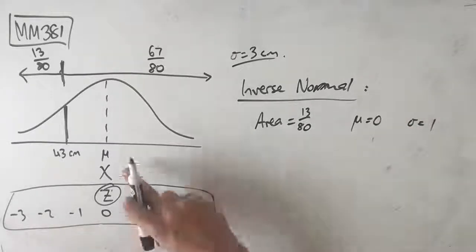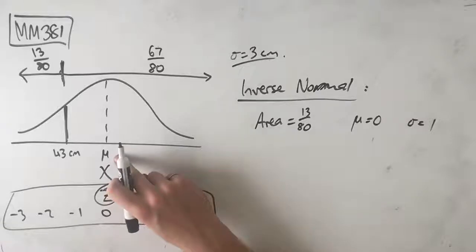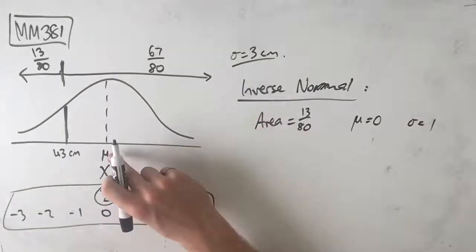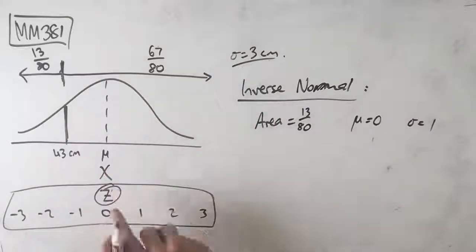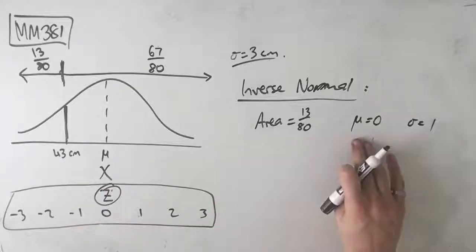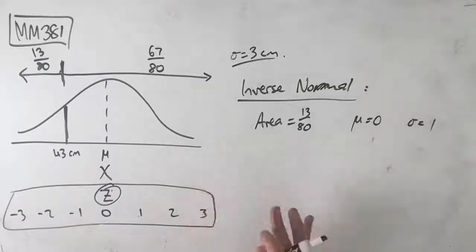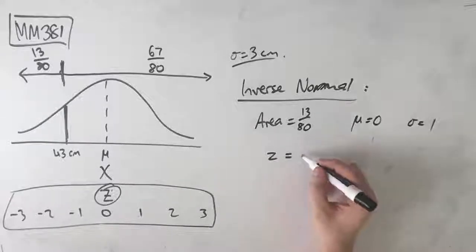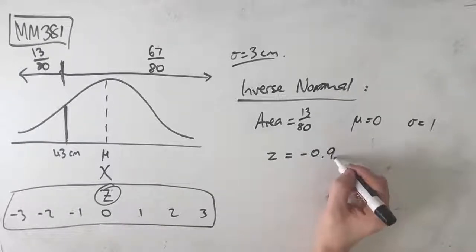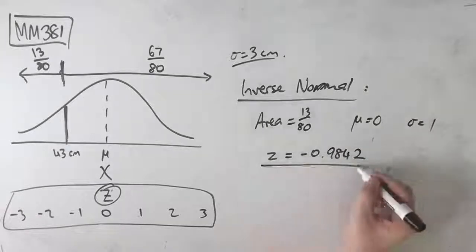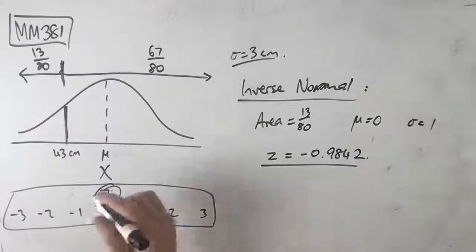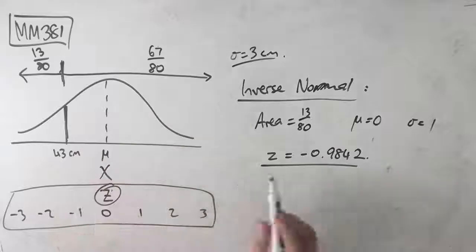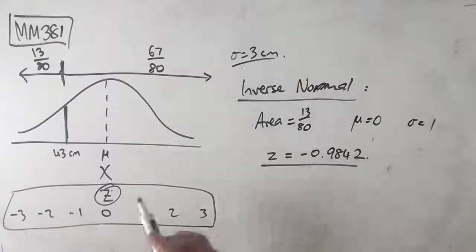So whenever we don't know our standard deviation or our average for our x distribution, we always use our inverse normal with 0 and 1, and that'll give us our z value. So plugging that into our inverse normal, what that'll spit out is z equals negative 0.9842. Awesome. And now we know that this 43 centimeters is negative 0.9842 standard deviations away from the mean, okay?